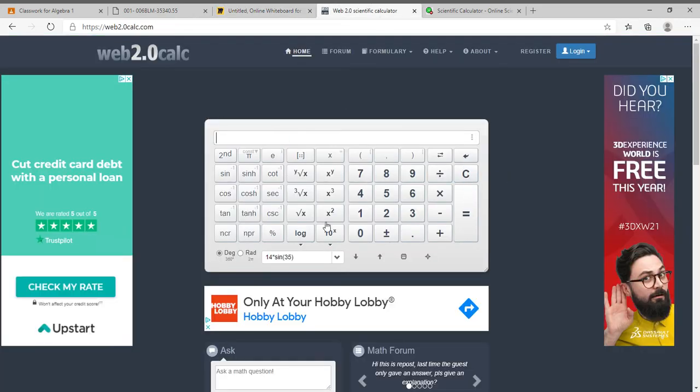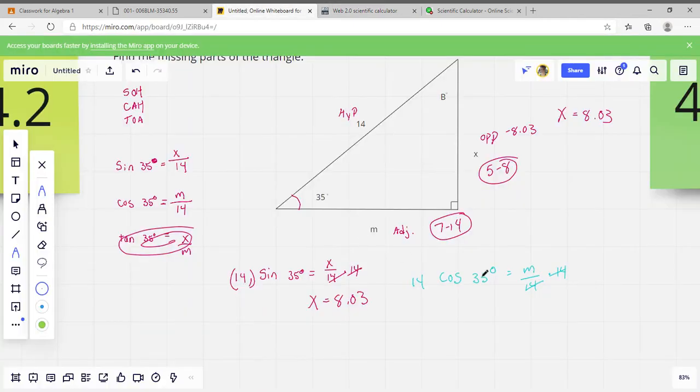So I could say cosine 35 degrees times 14. And I get 11.47 when I round that up. So that would be 11.47, and that's right in that range there. I don't need those anymore.